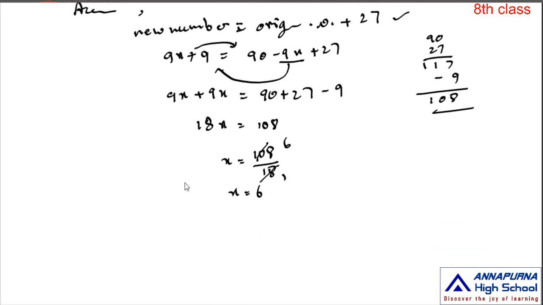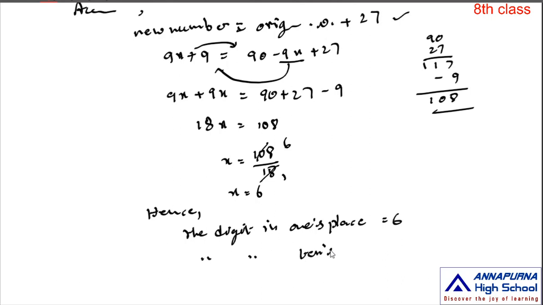Okay, then what is the digit in tens place? So hence the digit in ones place is equal to 6. Then what is the digit in tens place? It is equal to 9 minus 6, because the sum is 9. So the digit in tens place is 9 minus 6, it is equal to 3.